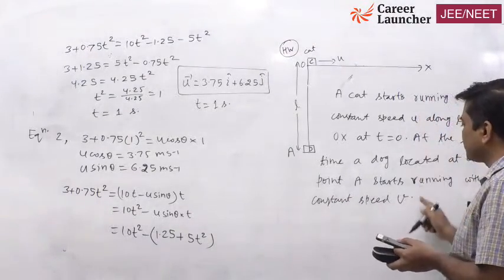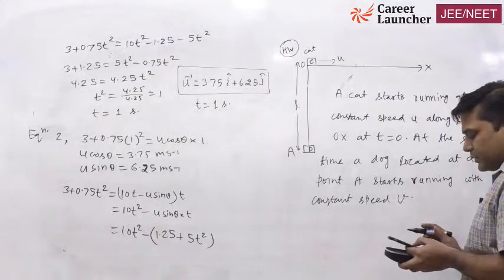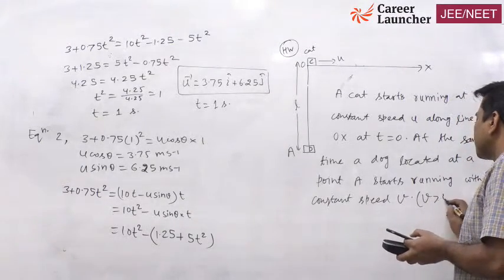So this is u and this is v, the cat's speed, where v is greater than u.